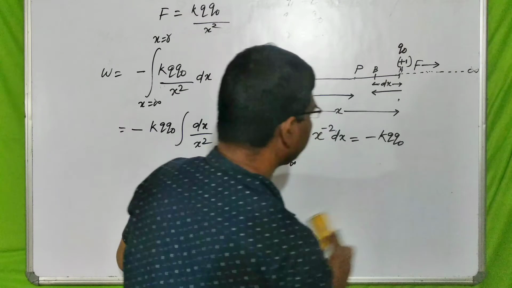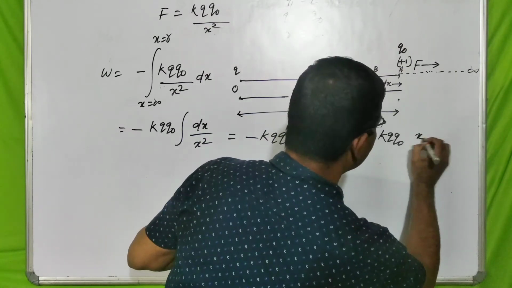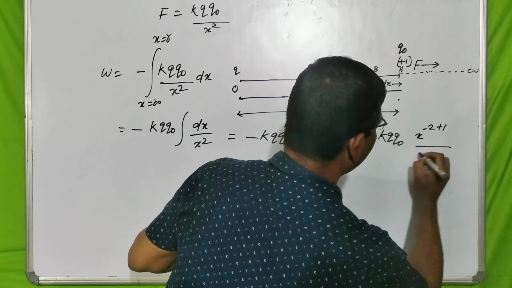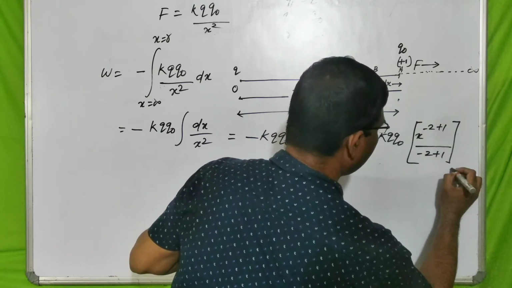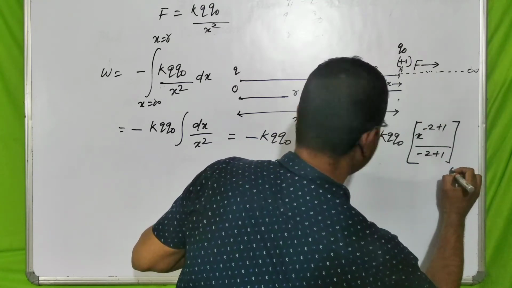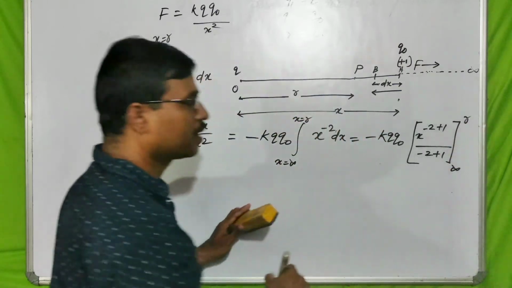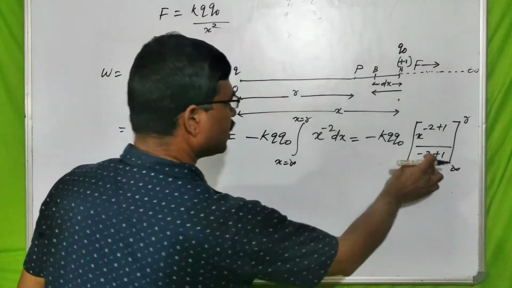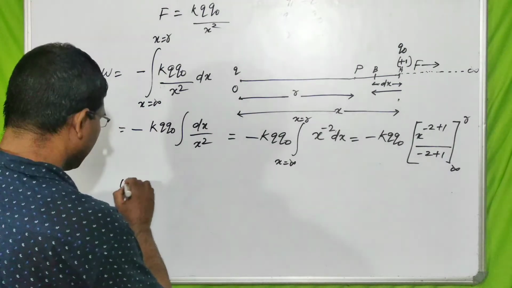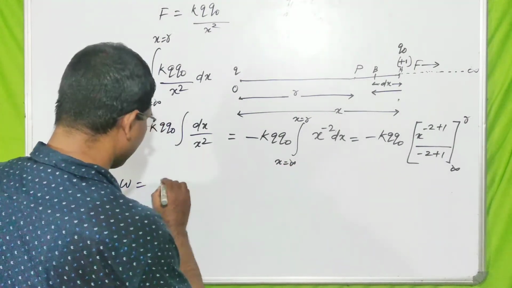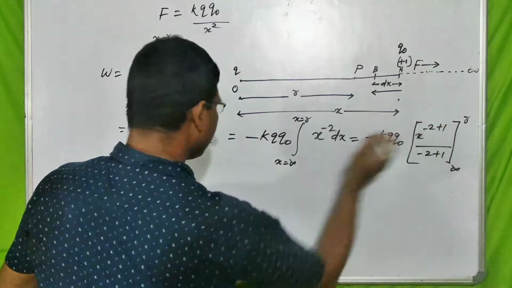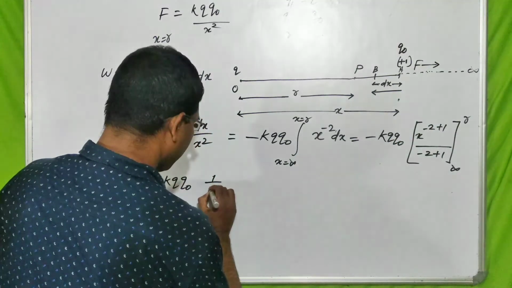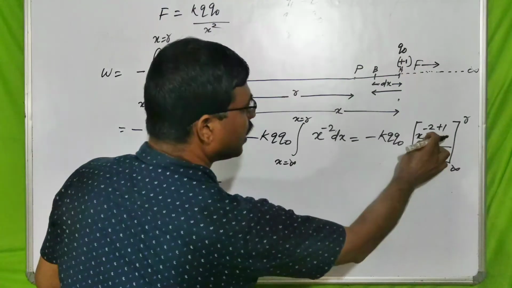Then come to the points. X to the power minus 2 plus 1 by minus 2 plus 1. Okay, so this is the value from infinite to r. Clear? Then it is minus. Can you write W is equal to minus plus k q naught, this one. So can you write this one 1 by x, because it is x to the minus 1.